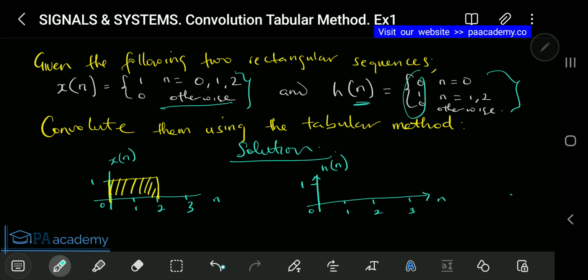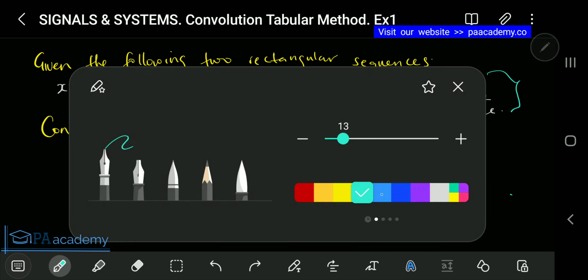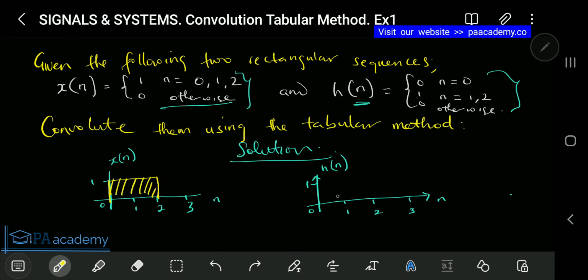At n equals 0, the amplitude is 0. When n is 1 and 2, the amplitude is 1, so from 1 to 2. This is what h of n looks like.